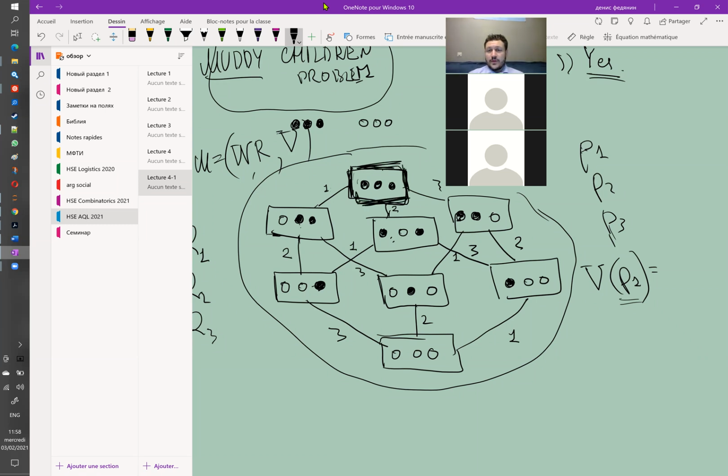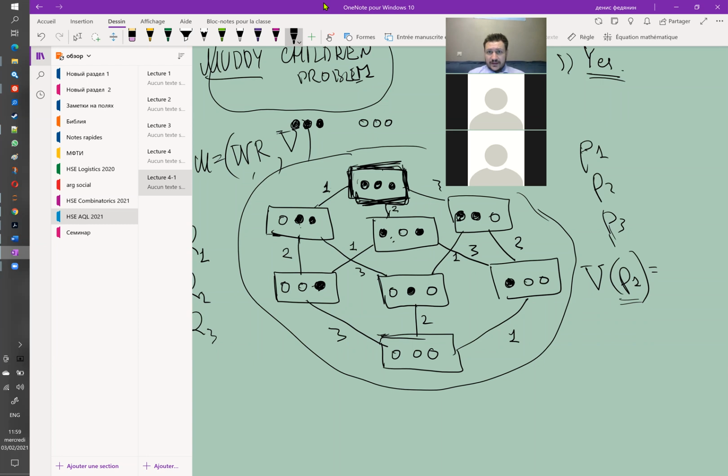But when a child can say that he knows whether his face is muddy or not, in this case he should have no other alternatives. So it shouldn't be that he cannot distinguish the worlds. No. He has a very certain world, only one.